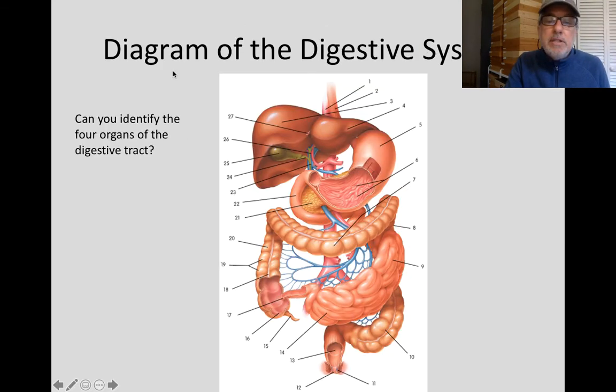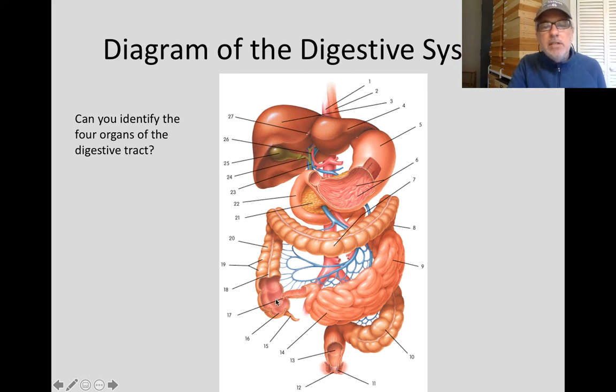Let's look at the organs on this diagram. Here we have the esophagus right here, this long tube, and it goes right in here to the stomach. Here's the stomach, and the stomach then flows into the small intestine. The first part of the small intestine is called the duodenum, and then the rest of the small intestine. Small intestine is very long. It's a very roundabout path, but eventually it dumps into the large intestine.